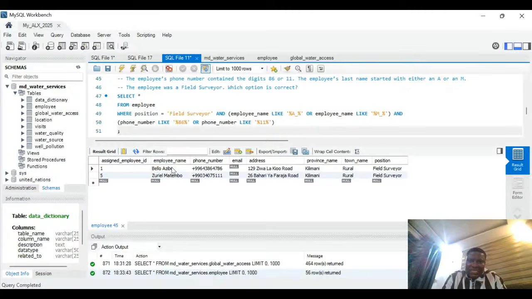So last name starts with A or M. So you can see Bello Azibo's last name is starting with A, whilst Zuriel Matembo is also the same, starting with M. Now they also meet another condition over here. What is the third condition they are supposed to meet? And the most important, to be field surveyors. So by now, you know what is going on.